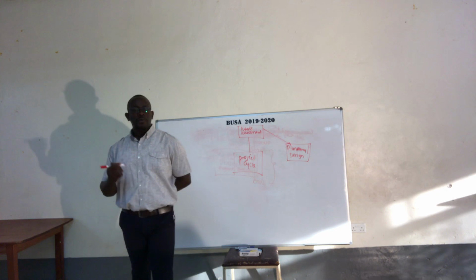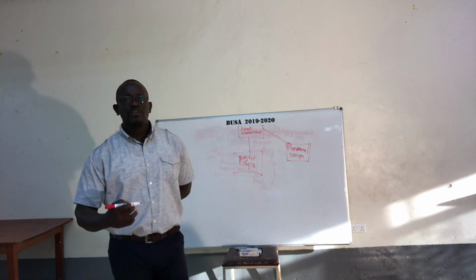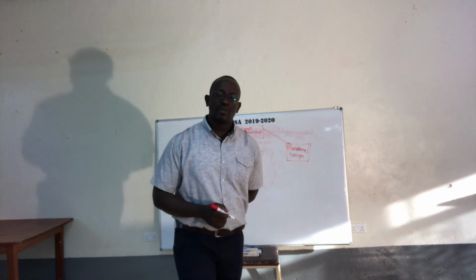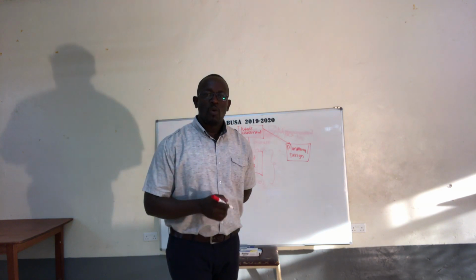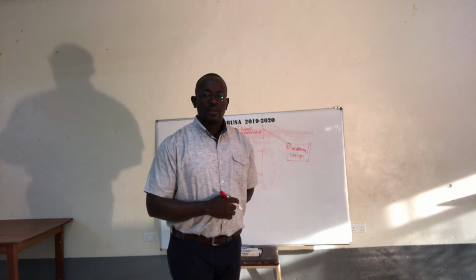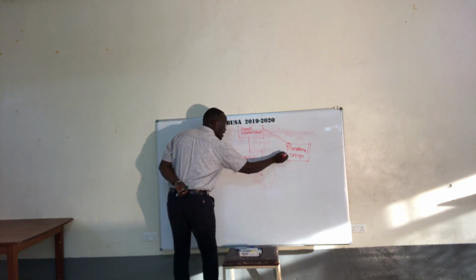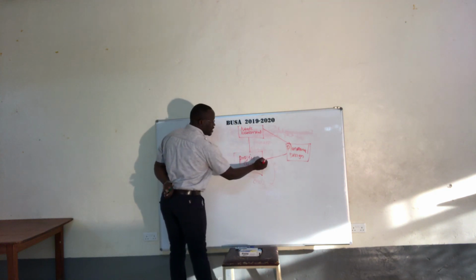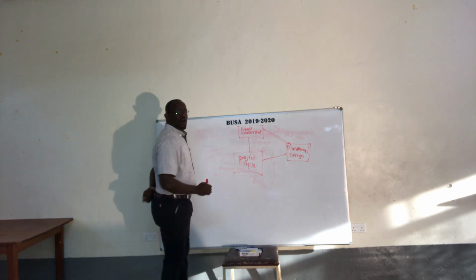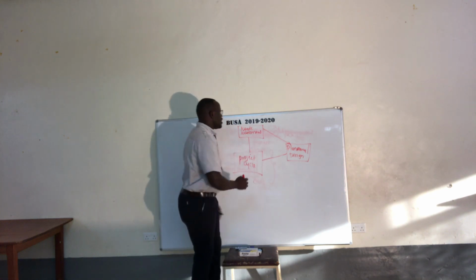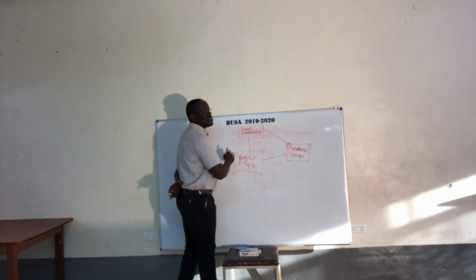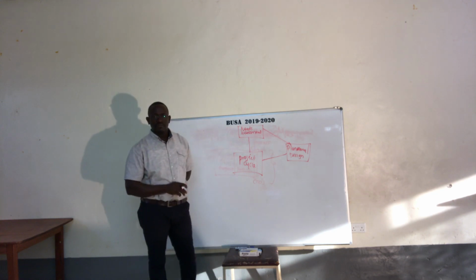In the planning process, as you plan and you realize that something is not moving right in the plan, what do you need to do? You need to recognize that you're in a project cycle. If you have issues in the planning, you need to come back and check from the needs assessment.